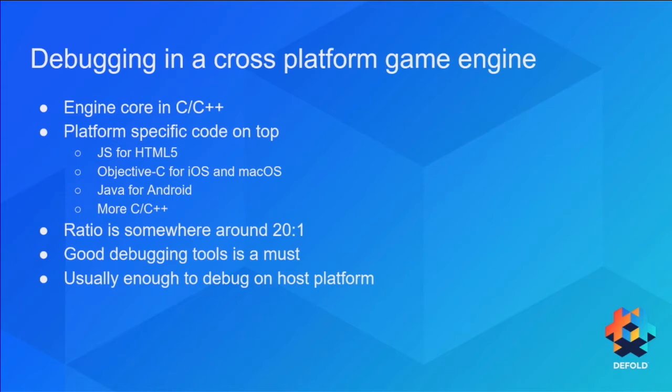Objective-C for iOS and macOS, Java for Android, and then more C++ to cover the different desktop platforms. And the ratio between shared code and platform-specific code is maybe around 20:1. And for us, good debugging tools is, of course, a must. And since most of the code touches shared code, it's usually enough for us to debug on the host platform. So using Visual Studio or Xcode or whatever, the tools that we are familiar with as C++ developers.